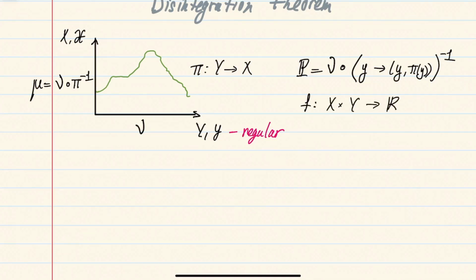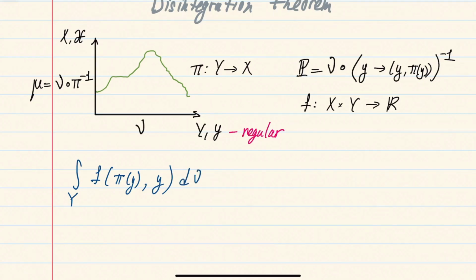Suppose that we consider the integral of the following form: the integral on y of this function f, which depends on y through coordinate y and also explicitly through this function pi that maps to this intermediate space x, and we integrate it with respect to this probability measure nu on the space y.